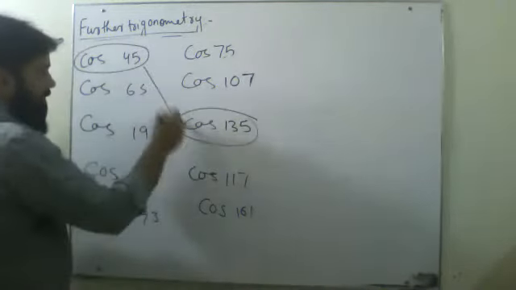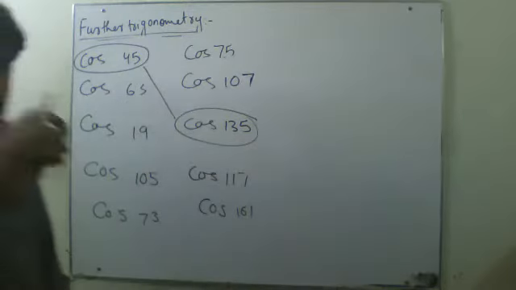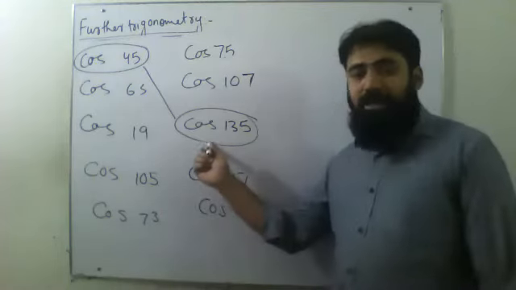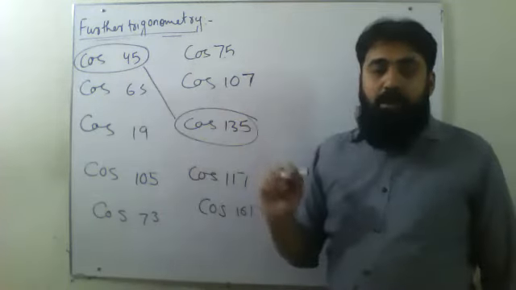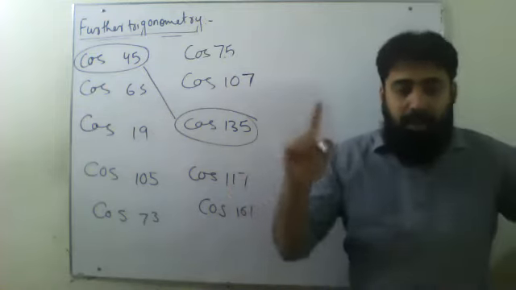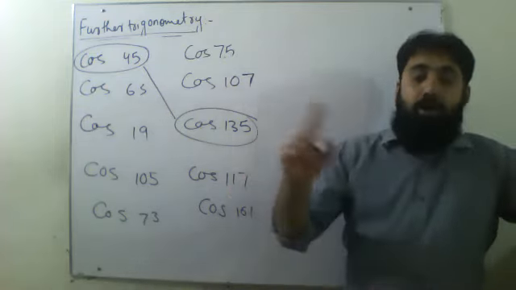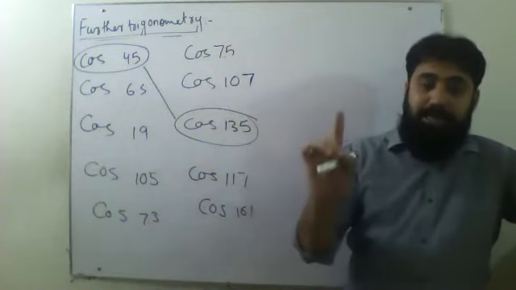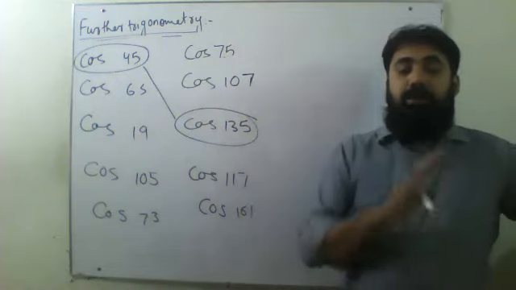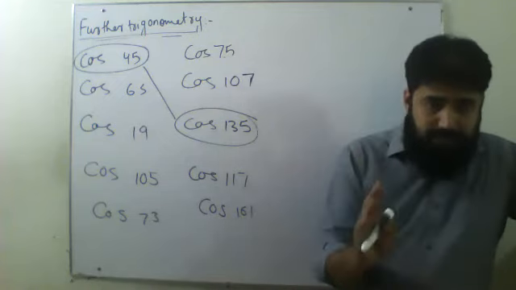This one with this one is coming equal. What's the only difference? This one is coming in negative, and this one is coming in positive. The acute value ones are coming positive, and the obtuse value ones, greater than 90 degrees, are coming negative. Other than that, they are the same.